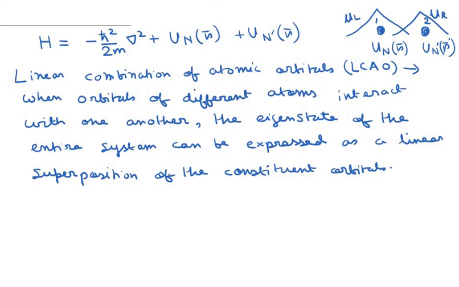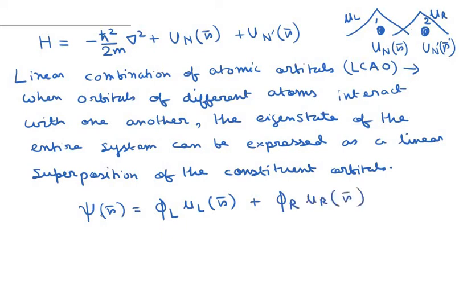Okay, which is to say that an eigenstate of the entire system psi can be expressed as a linear combination of the two orbitals. So we have these coefficients, phi L and phi R. So this is the eigenstate of the entire system.